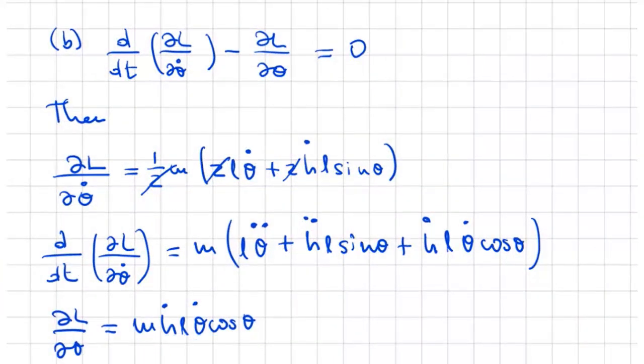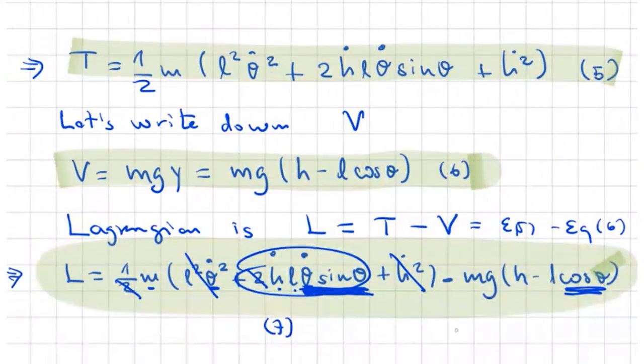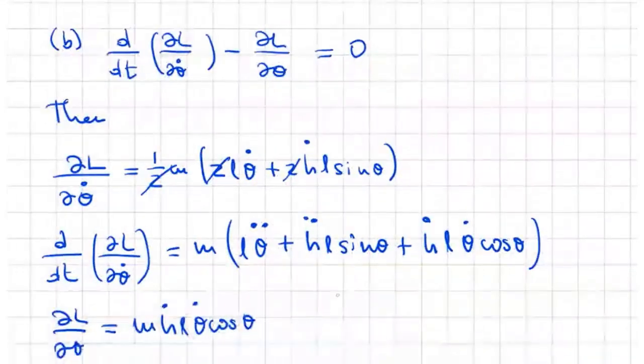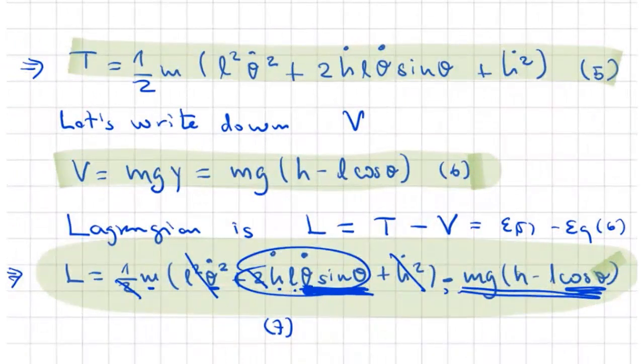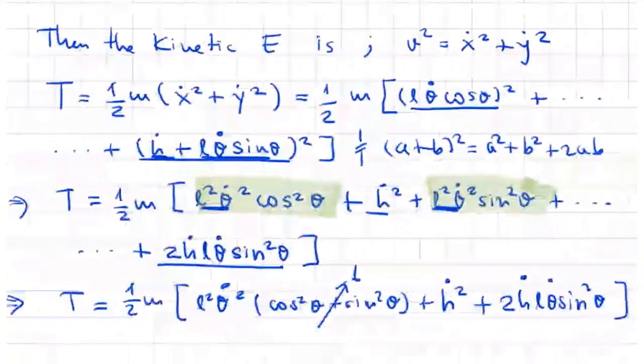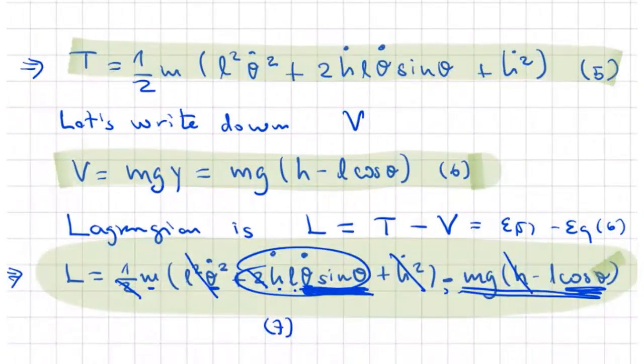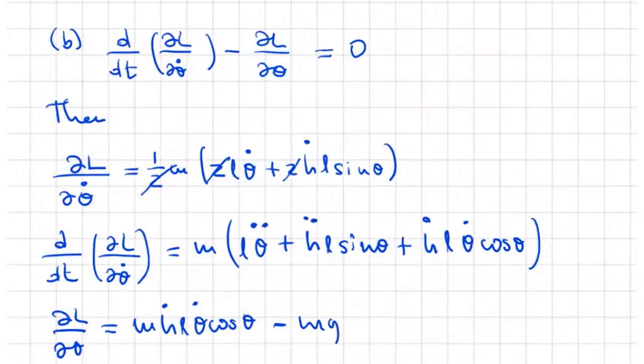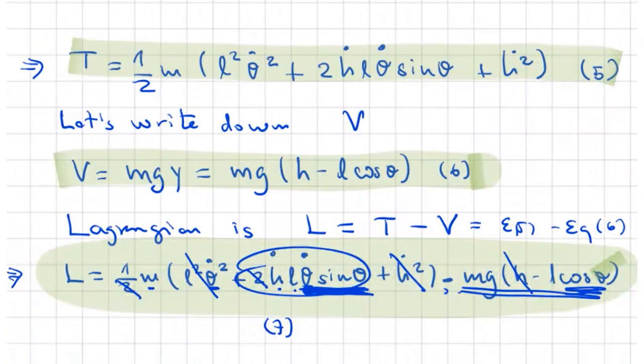Okay, now I go and calculate the derivative with respect to theta of this term. This is going to be minus, okay, h, the derivative with respect to theta of h is 0, 0 minus mg, and the derivative with respect to theta of cosine of theta is minus sine of theta.